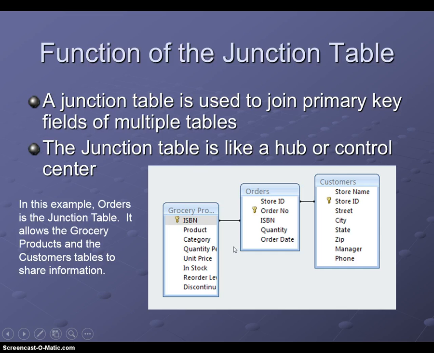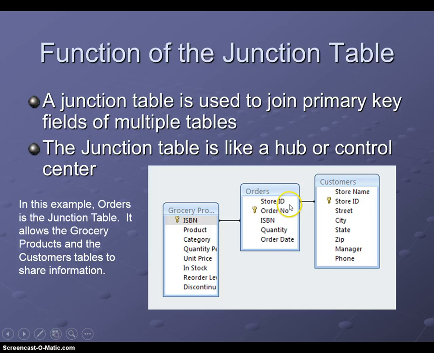If we have a many-to-many relationship, which means many records in one table are going to join with many records in another table, in order for us to be able to do that, you have to create what's known as a junction table. What a junction table does is it includes fields from each of the tables so that they have something in common. If you look at grocery product and customers, neither one of them has any fields in common.